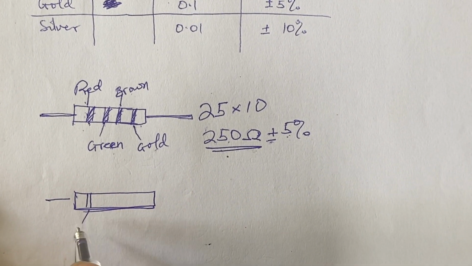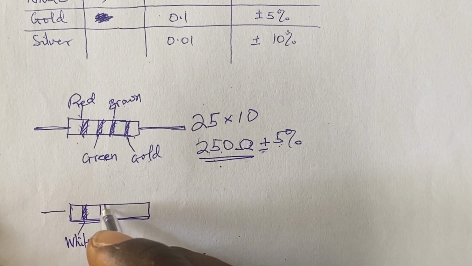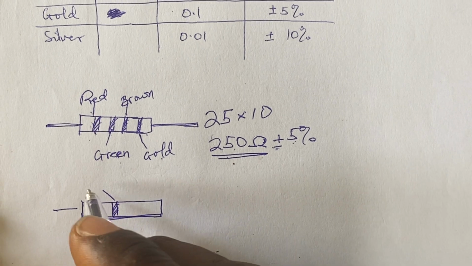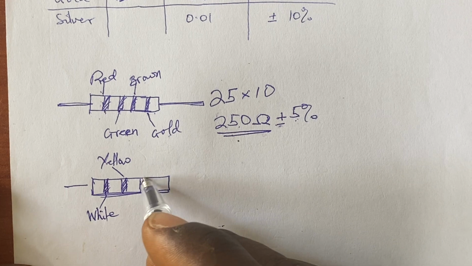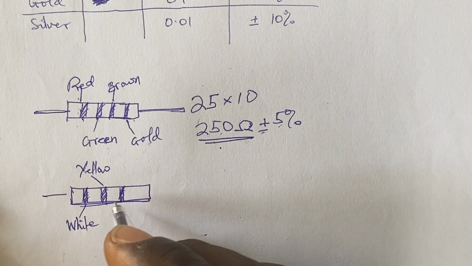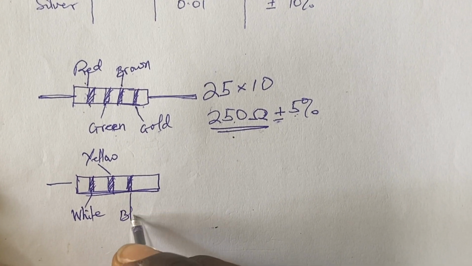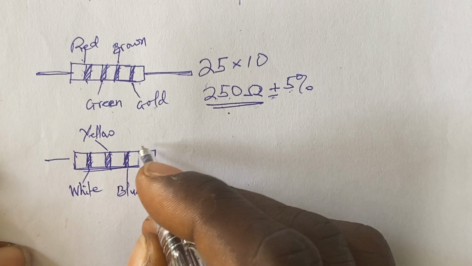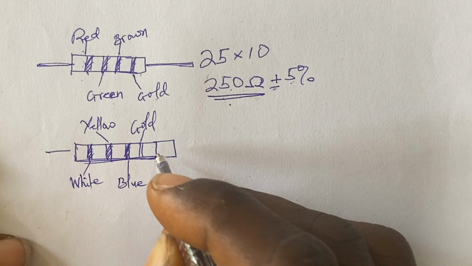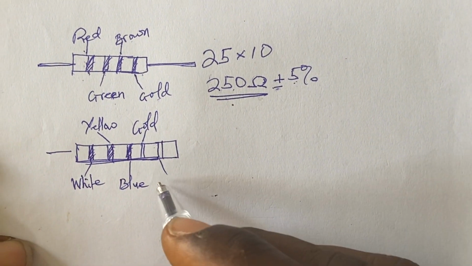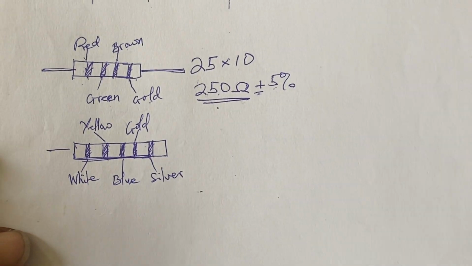It has white, yellow, blue, then gold, then silver.